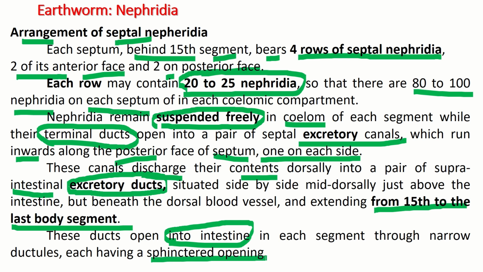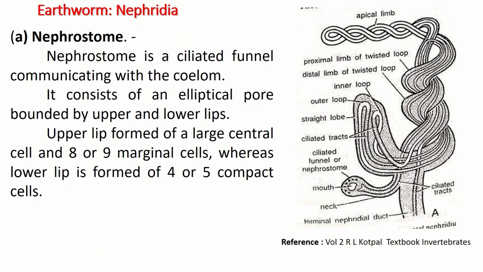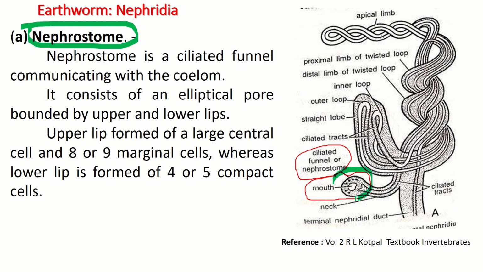Now the structure of the septal nephridia. The septal nephridia have three parts. First is the nephrostome, or the mouth. Stome means mouth. The nephrostome is a ciliated funnel which communicates with the coelom.